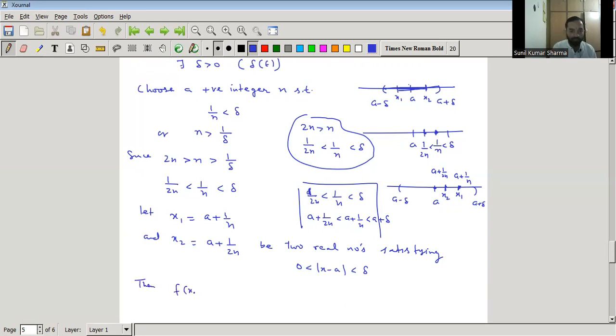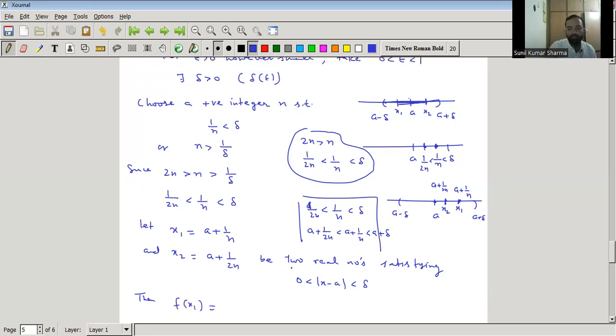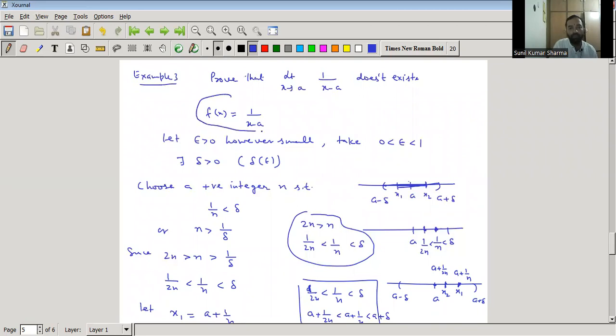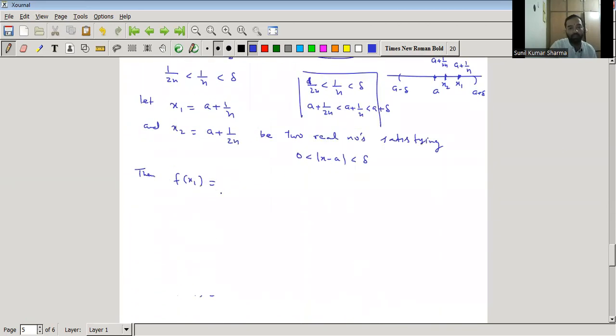Then f(x1), what is f(x1)? f(x) is given as 1 upon x minus a. So f(x1) is 1 upon x1 minus a. Now we have chosen x1 to be a plus 1 upon n, so x1 minus a is 1 upon n, and f(x1) is equal to n.